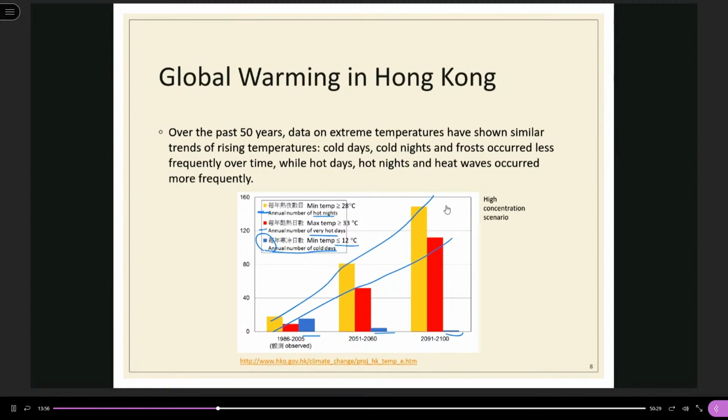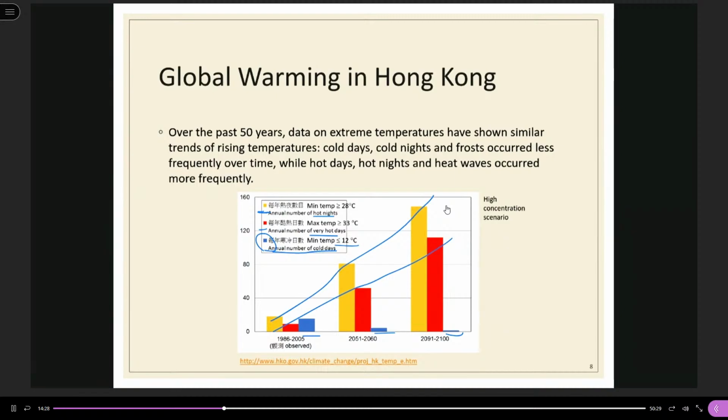It only shows the trends. Maybe you will ask, we don't know what would happen next year, so why can they do this kind of simulation? They are predictions, and they will probably be true because the carbon dioxide is already in the atmosphere, and its lifetime in the atmosphere would be 100 years or 1,000 years.